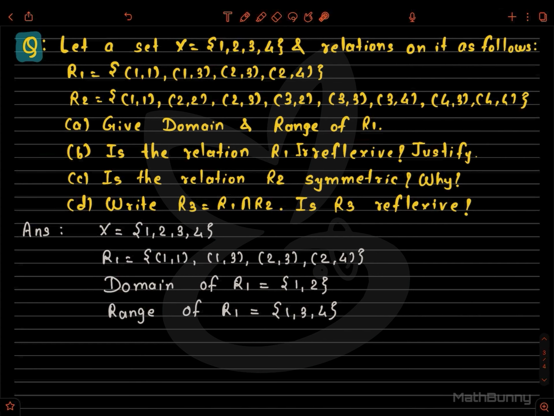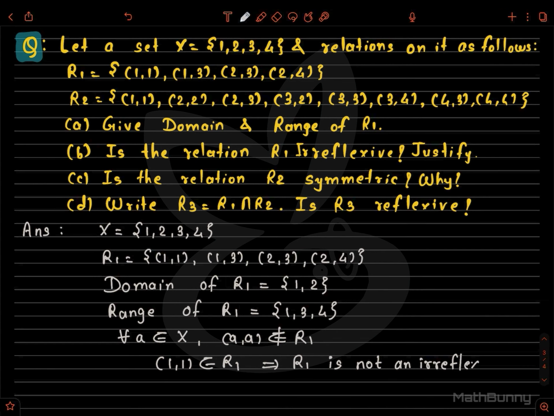Next question is, is the relation R1 irreflexive? What is an irreflexive relation? If for all a belonging to set X, (a, a) must not belong to R1, then it is called an irreflexive relation, which means any (a, a) type of pair should not belong to the relation. But here you can see (1, 1) belongs to R1, and that's why R1 is not an irreflexive relation.